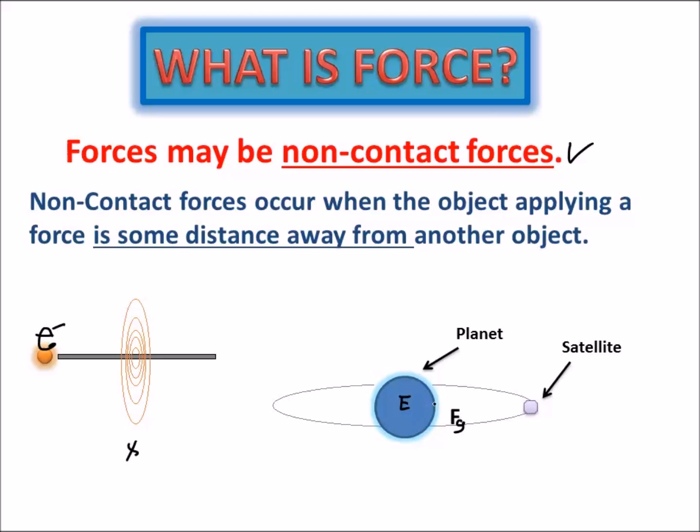And that force of gravity acts as though it's touching the satellite, but it's not. It's actually being applied from some distance far away from the satellite. And it attracts both the Earth and the satellite mutually. But since they're not touching, it's not a contact force. So the force of gravity is a non-contact force.